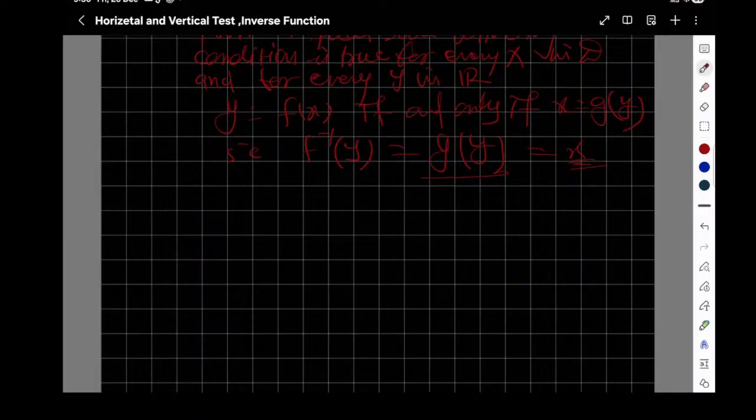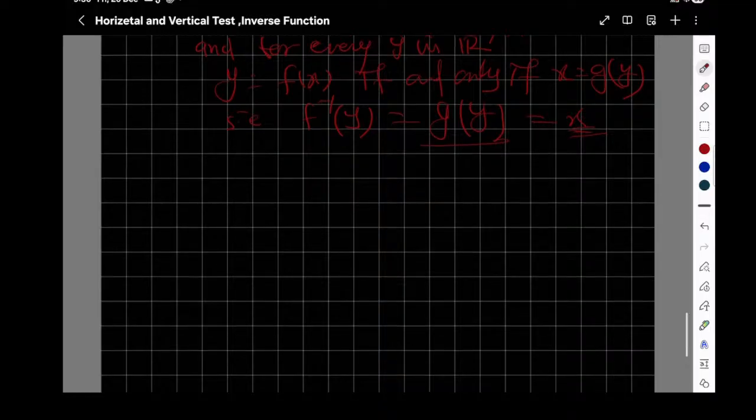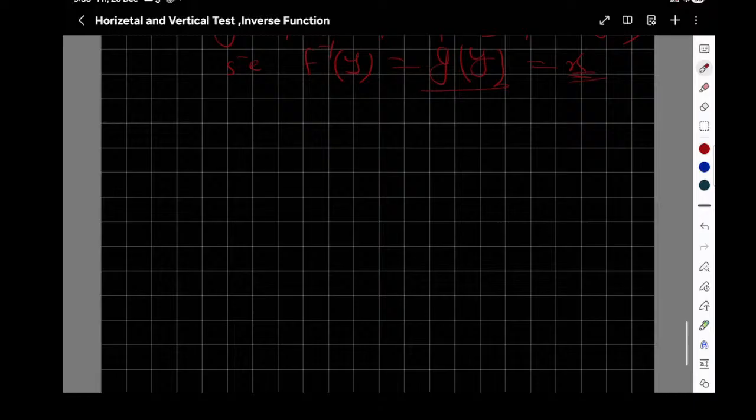If the line intersects at more than one point, then the function is not one to one, so the inverse does not exist. This is the very basic concept of the inverse function.